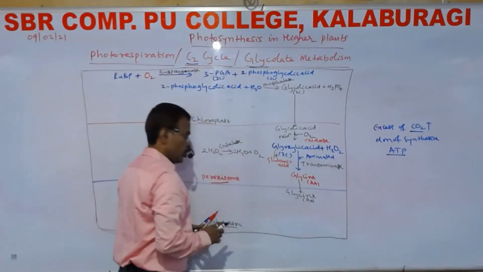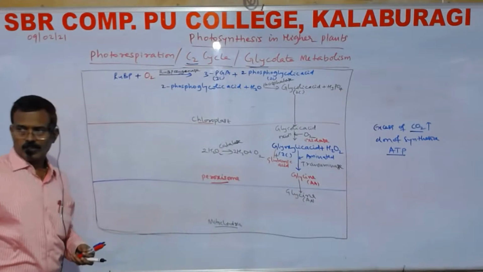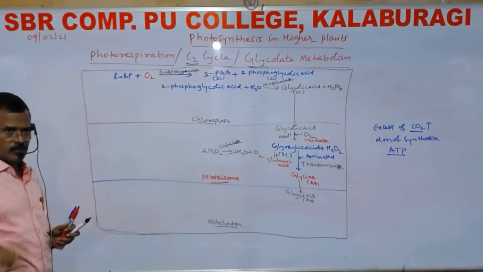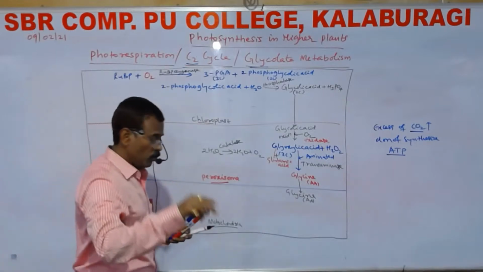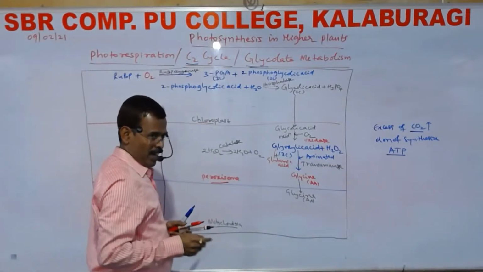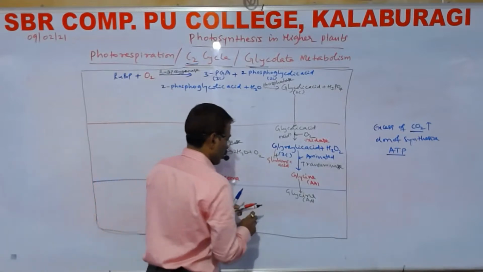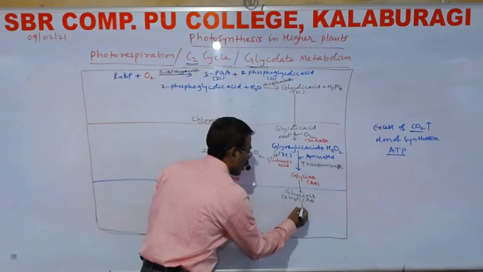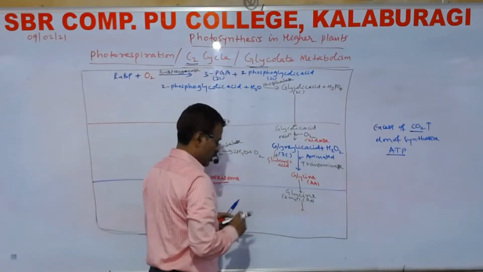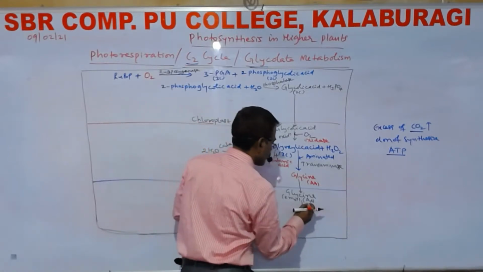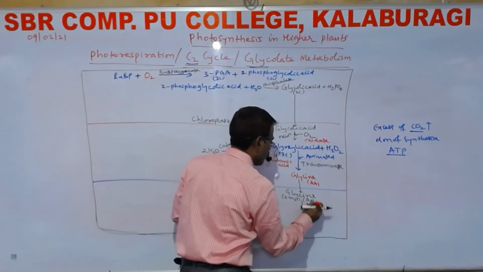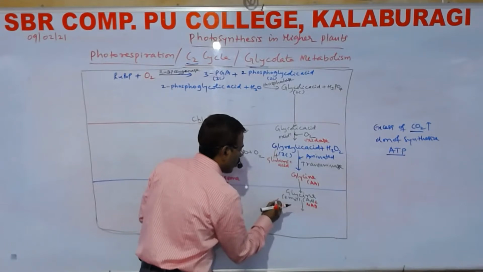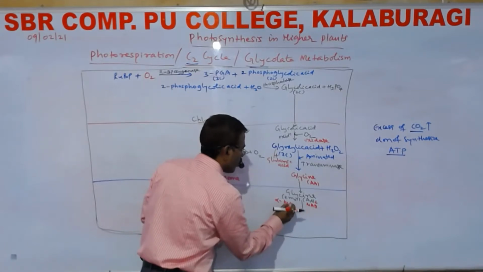After entering into the mitochondria, two molecules of glycine combine. So these are two molecules of glycine combined. So here, NAD plus, right? And alpha ketoglutaric acid.